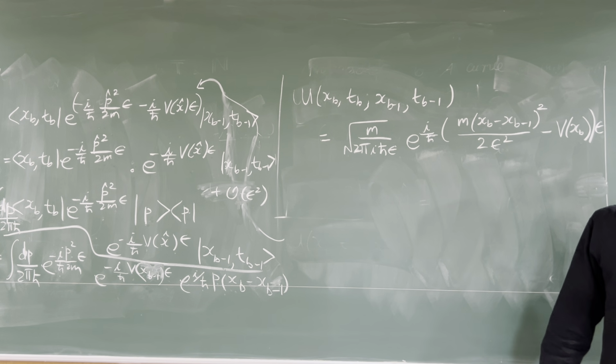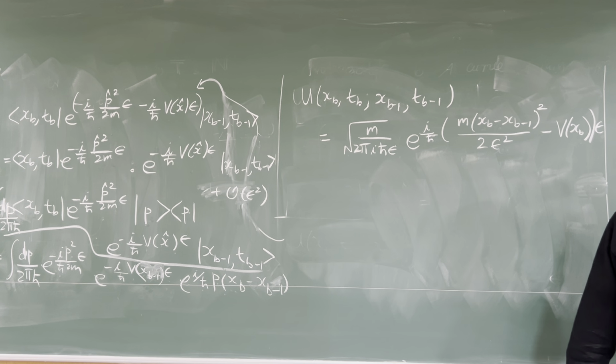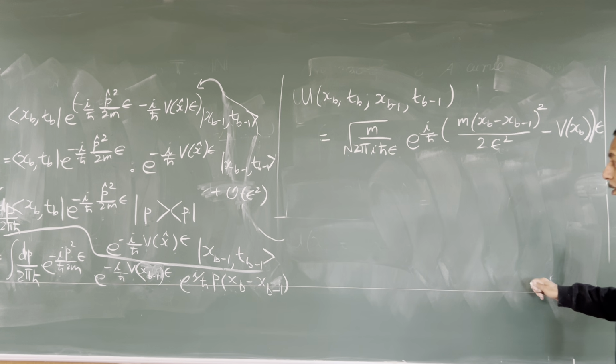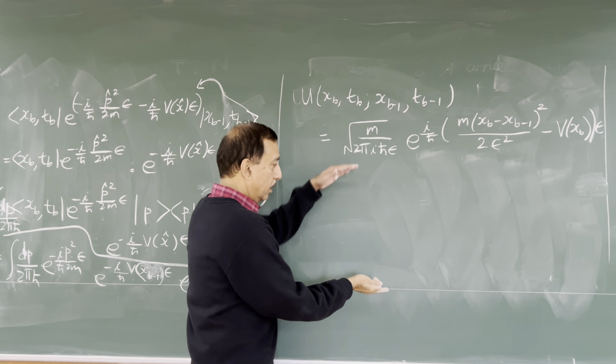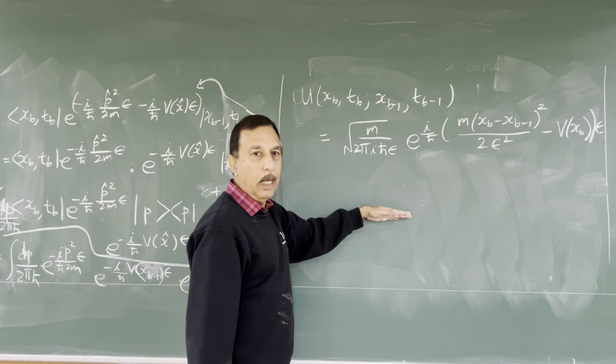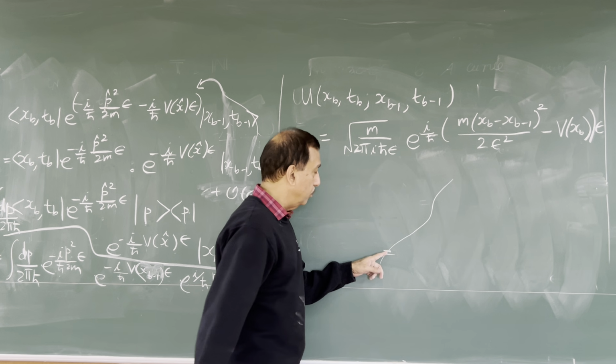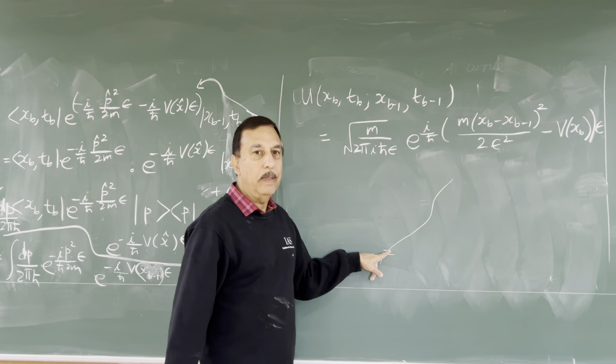Sir, aren't x_{b-1} and x_b integrated over all? Yeah, they will be integrated over all. They might not be close. Yeah, I agree, but here is where actually a little bit of guesswork comes in, because we expect that even though they are integrated over independently, in the limit, when I take this limit and integrate over every point, then I should get back some sort of continuous path, in which case x_{b-1} and x_b can't be too far apart.